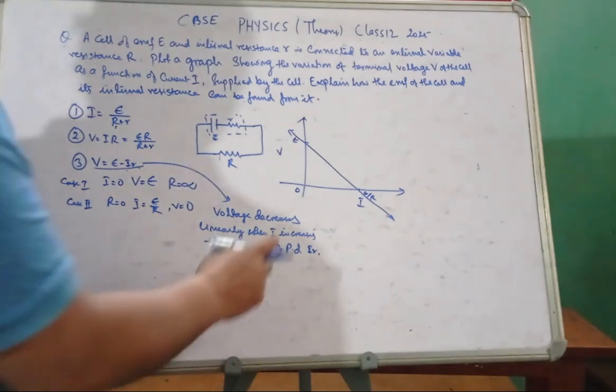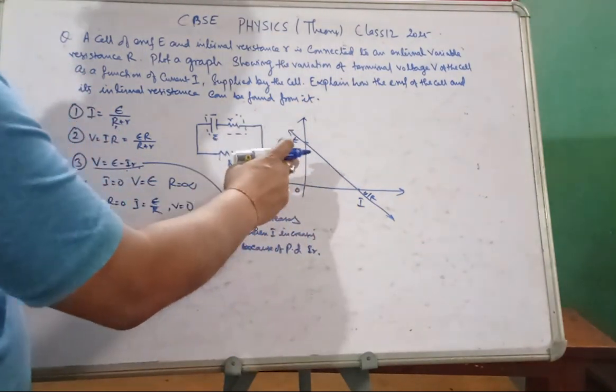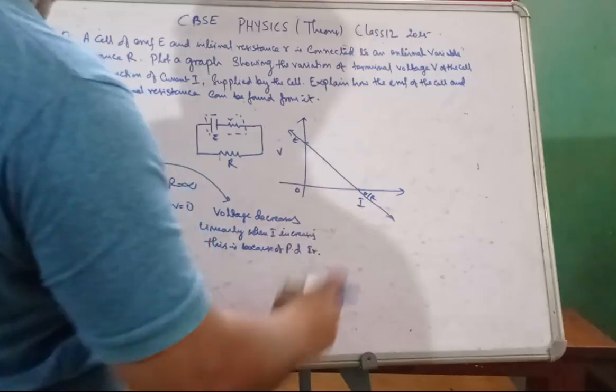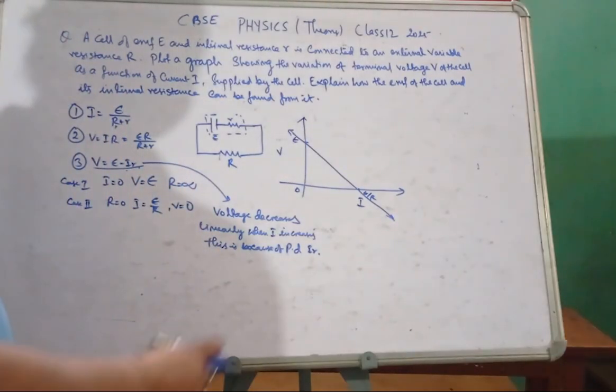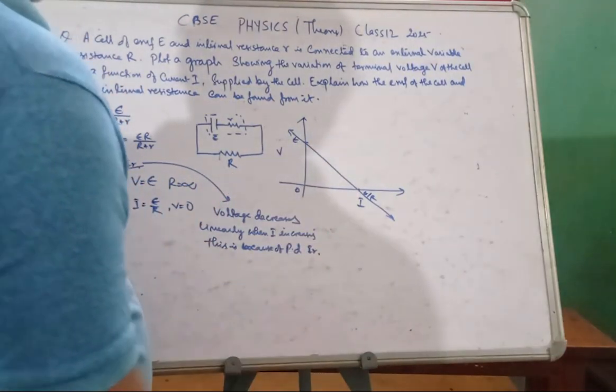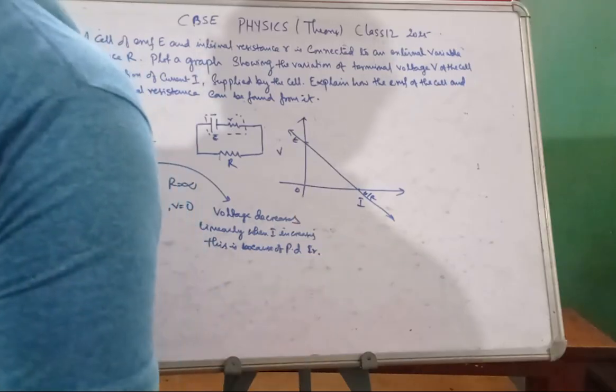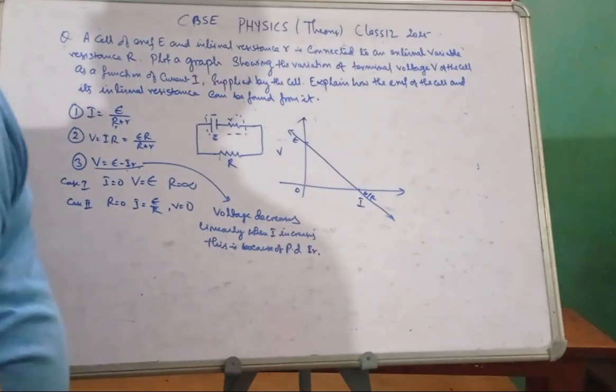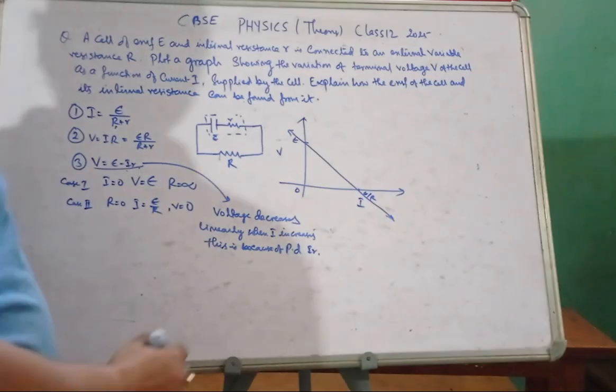So here you find that V decreases linearly with I. Now this is the graph.